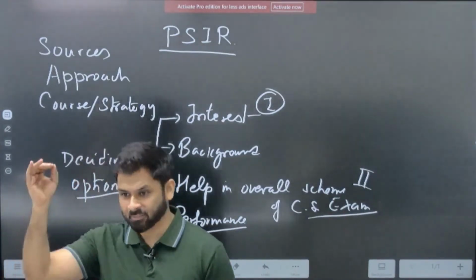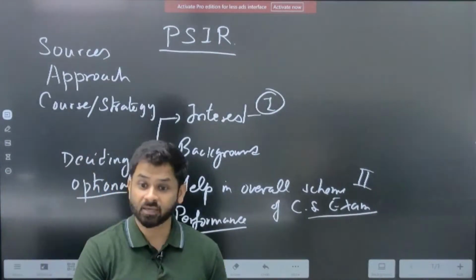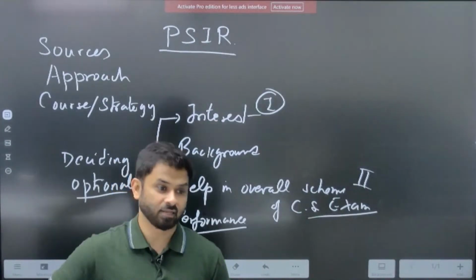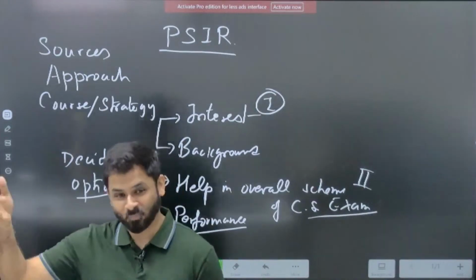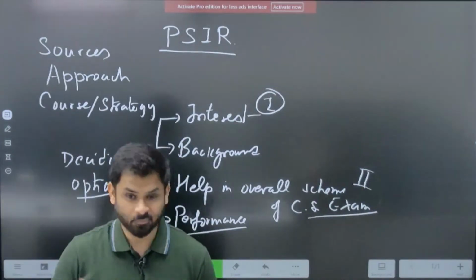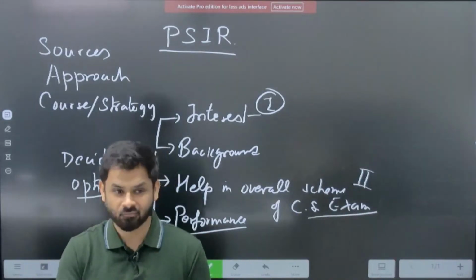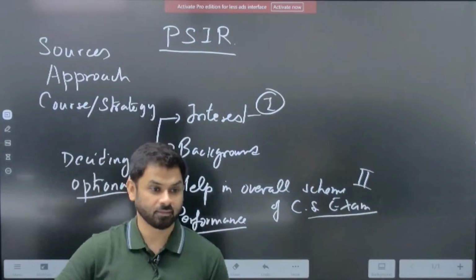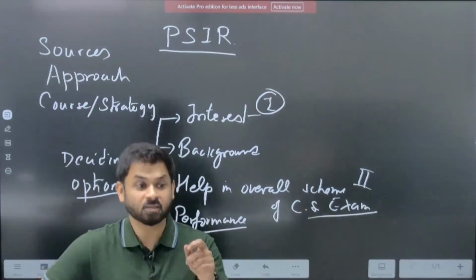You study the exact process of how the election of the president happens. But in PSIR, what will you study? Politics behind the presidential election. So understanding the politics, the knowledge of polity is also required. But polity you are already studying. So we should not get into the details of what you are already studying in the polity. Rather, we should focus more on the politics behind, and this is what is expected.